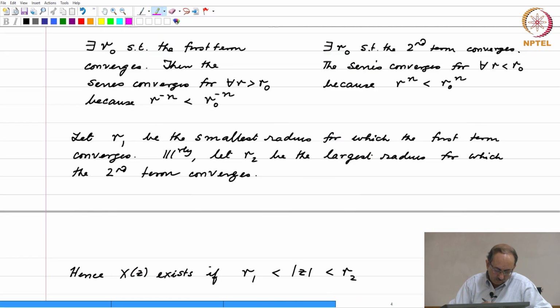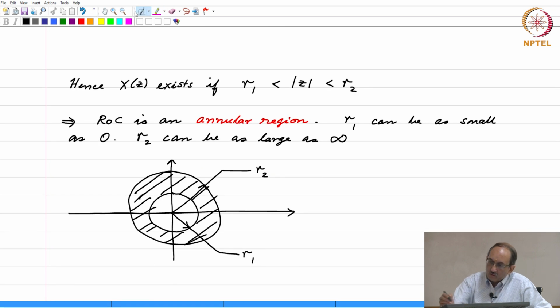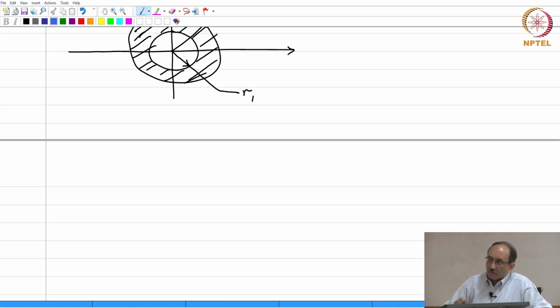So, if you recall your Laplace transform case, there you had X of s, which was the integral from minus infinity to plus infinity of x of t e to the minus st dt. Again there you used absolute convergence.